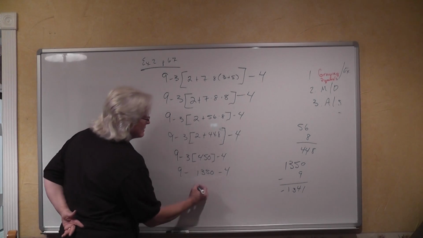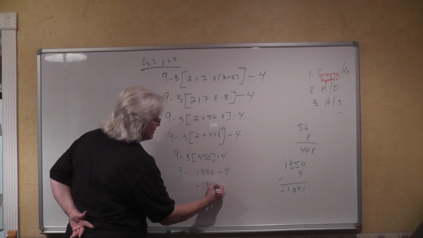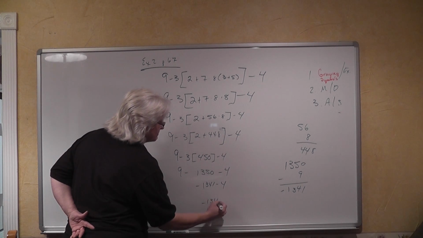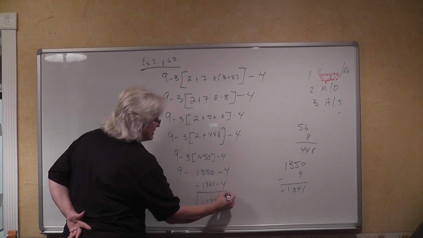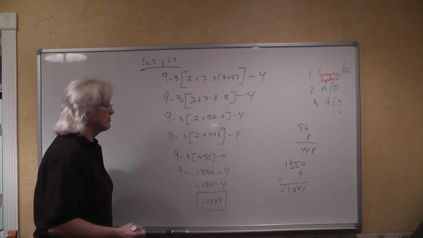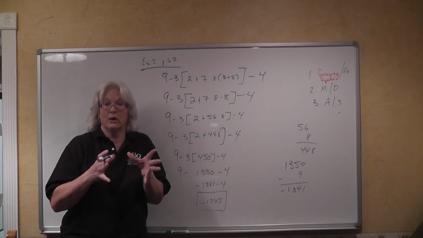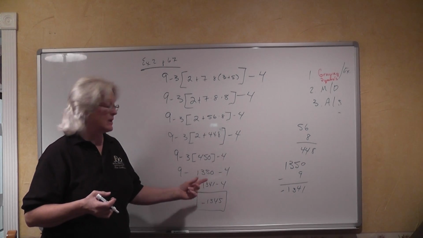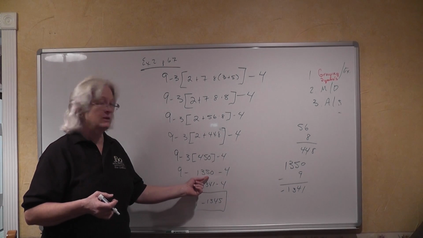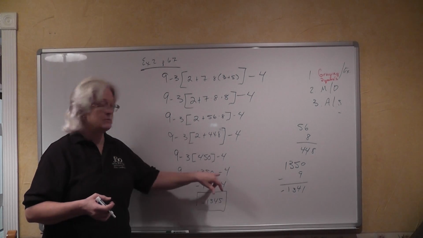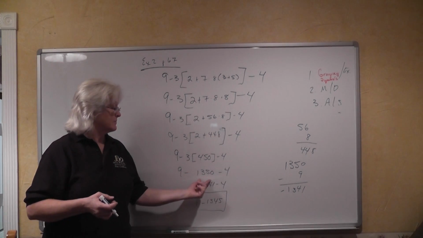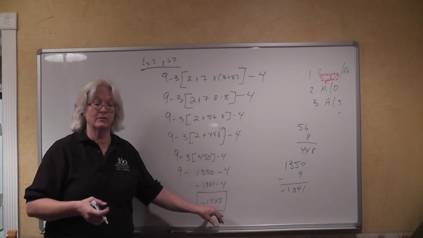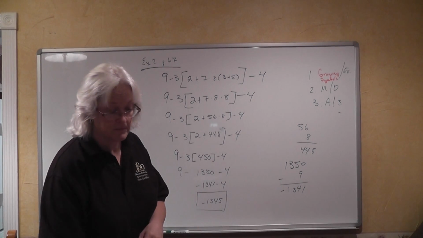So we have a negative 1341 minus 4 for a final answer of negative 1,345. Now, for those of you who play around with mental math, easy verification here is you have negative 1350, you have 9 minus 4 is 5, so negative 1350 plus 5 gives you that negative 1345.